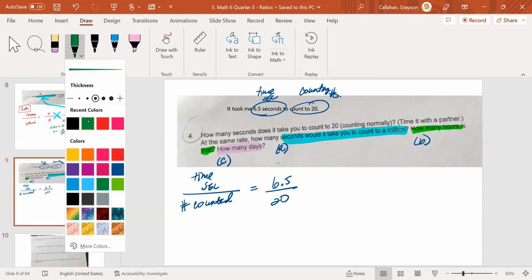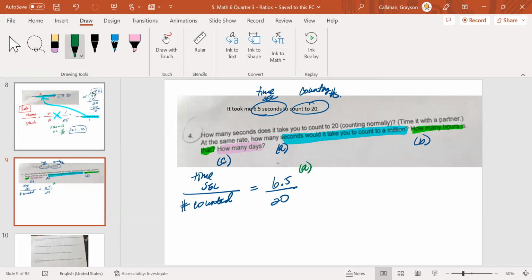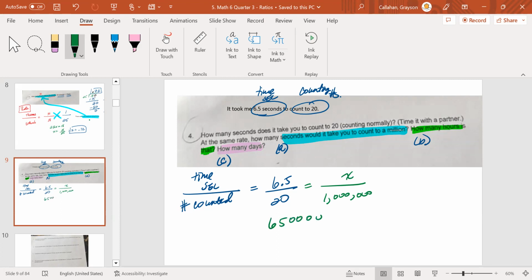So first things first. Part A, how long would it take you to count to 1,000,000? Counting is on the bottom, right? 1,000,000 has 3 zeros after the 1. Do you see that? X goes on top. Let's cross multiply. 6.5 times this is 6, 5, and then 1, 2, 3, 4, 5, right? 20 times that is 20x.